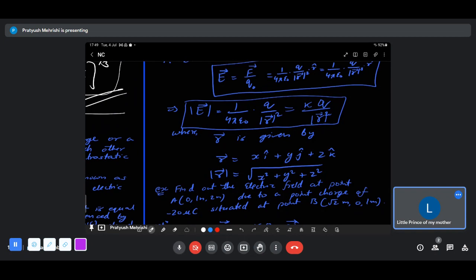We will study the electric field due to a positive charge only. For a negative charge, the electric field's magnitude is the same, just a minus sign will be there. We will just use a negative sign instead of positive. That negative sign indicates the direction is opposite. Just the direction is opposite, that's it.